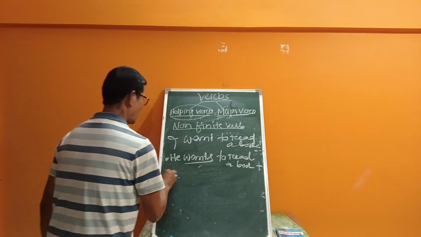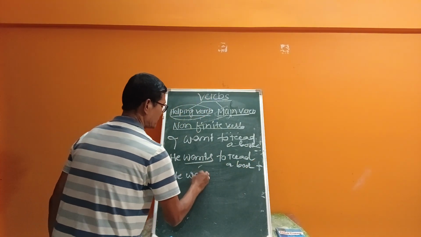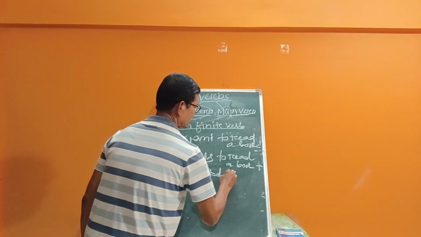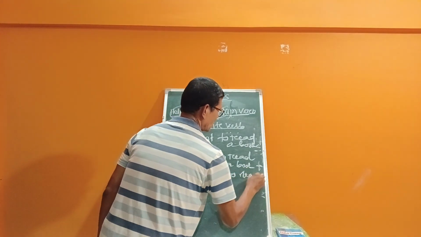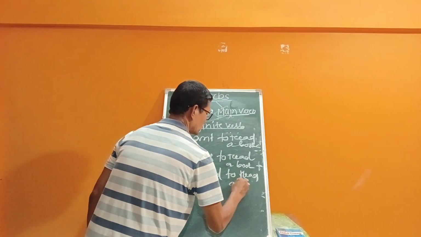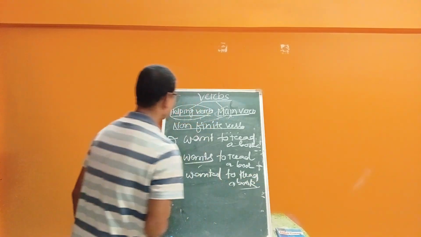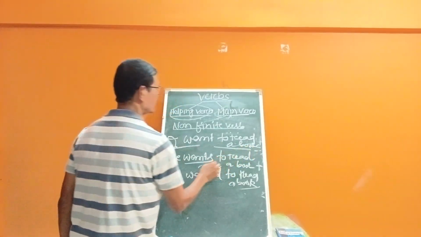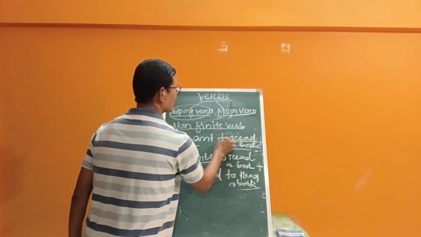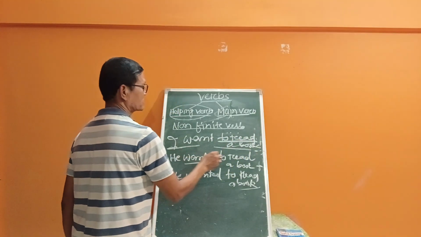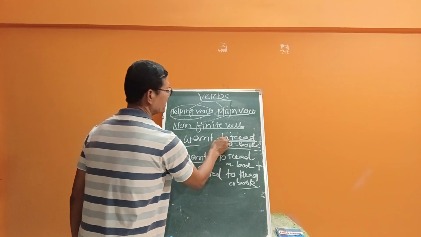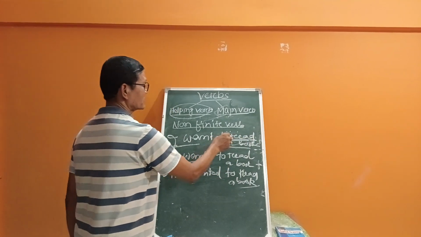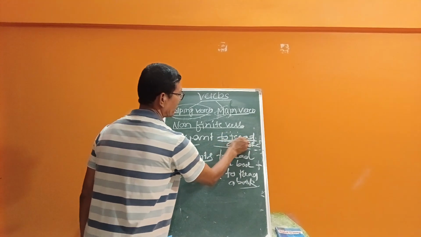He wanted to read a book. I is a first person, but I want to read a book, isn't it? To read. This is the non-final verb, to read, isn't it? This is the infinitive verb, isn't it?